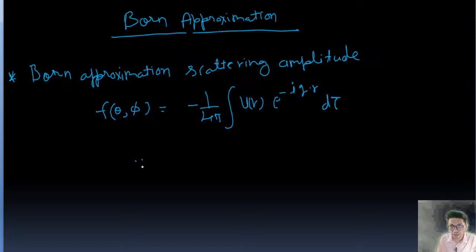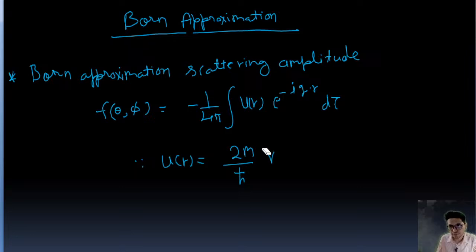And here, since U, that is the potential, which is a function of r, is equal to 2m upon h cut squared V(r), we'll put this value here.